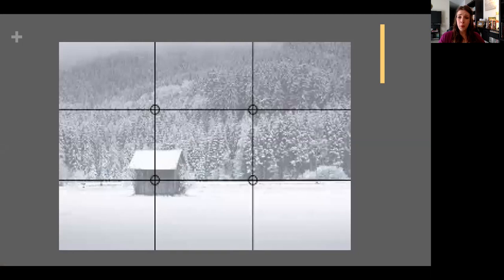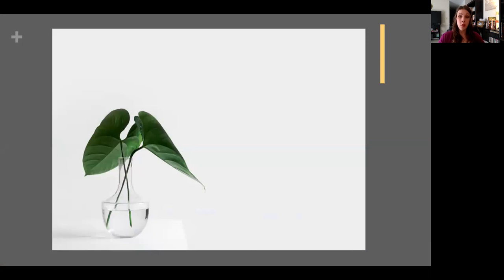This is another example of the rule of thirds. When you're doing a landscape and composing it, you want to put your subject, or the house in this one, on one of those intersections in the grid. This is another example. And then all of these are great if you want to add something else. Like what if I wanted to put something on the wall, or if I wanted to add text? Using the rule of thirds is always preferable.